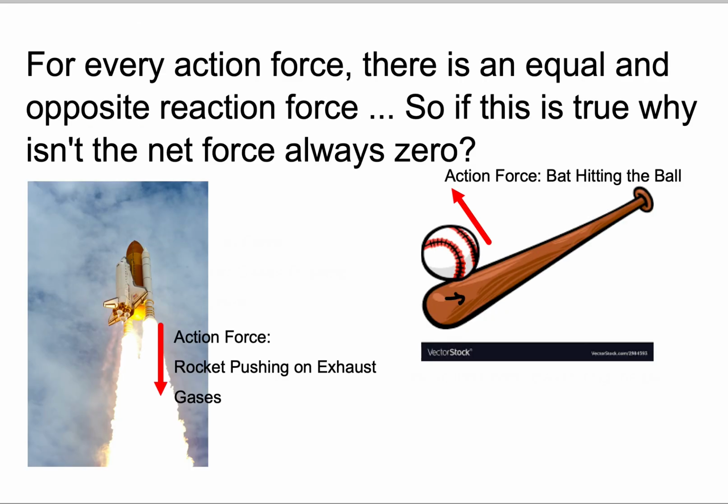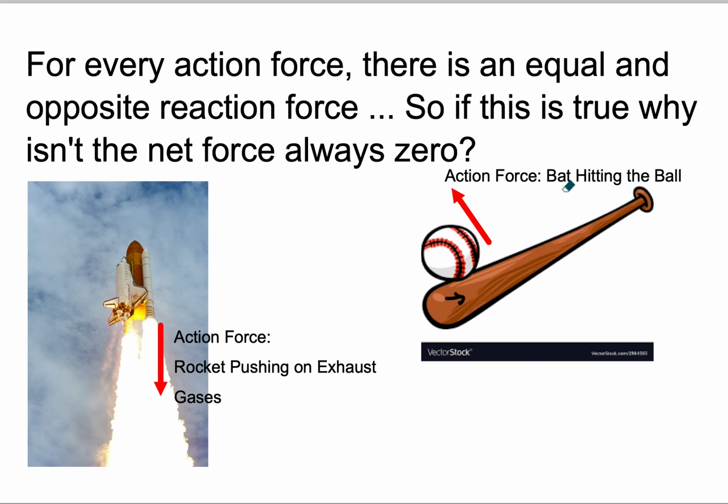All right. Now I have another question then. So let's think about two different scenarios. First of all, I know that for every action force, there's an equal and opposite reaction force. So if that's true, then why isn't the net force acting on objects always zero? So let's go with this example first.